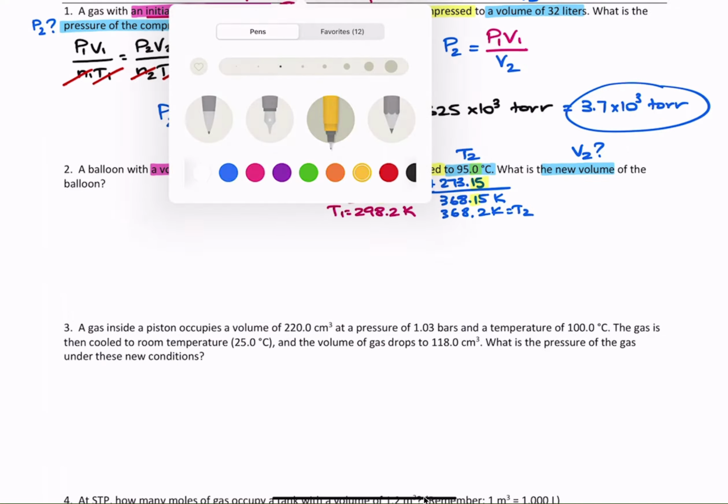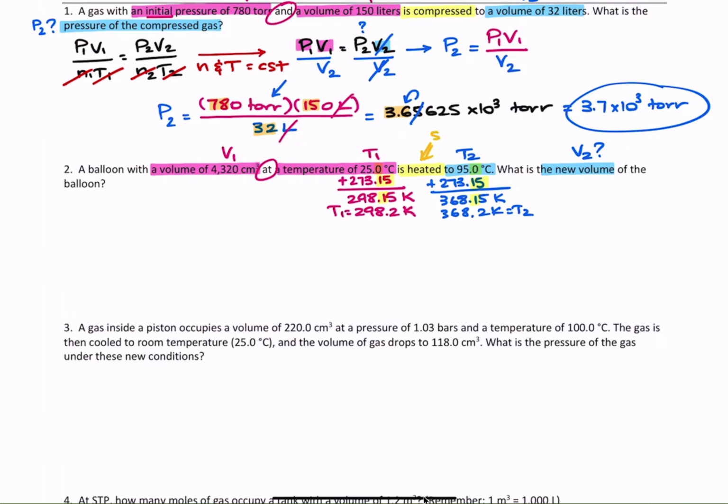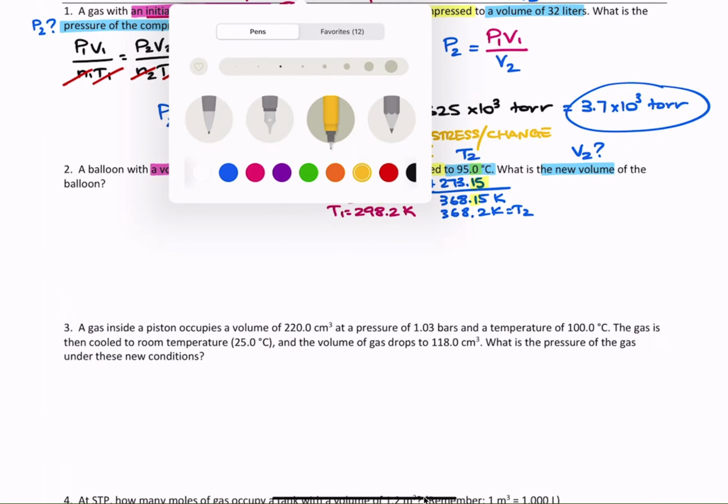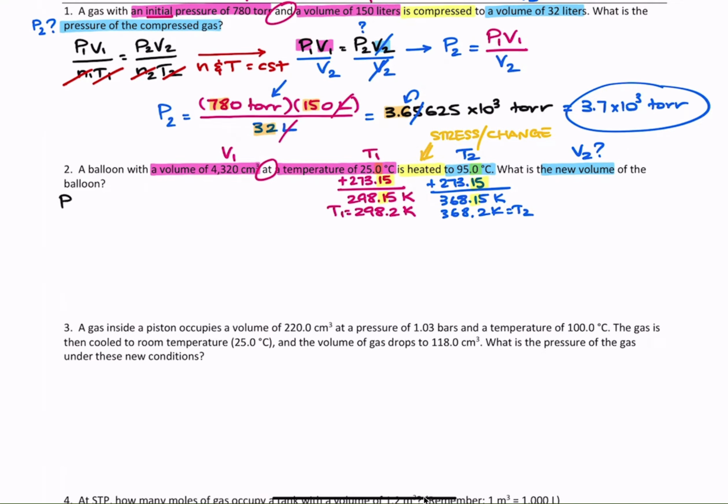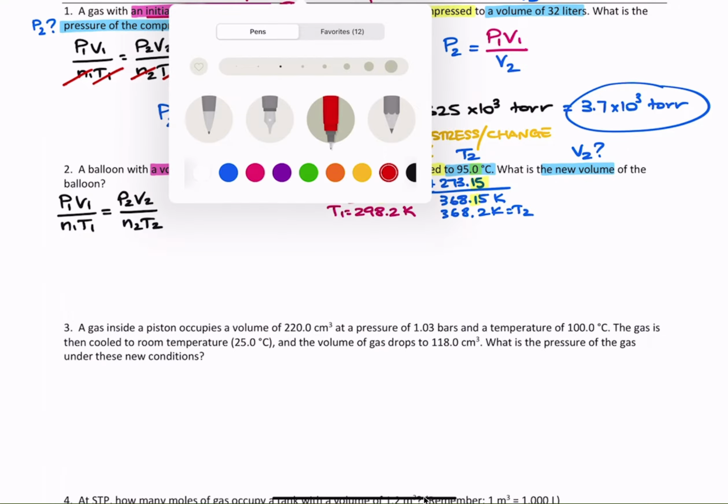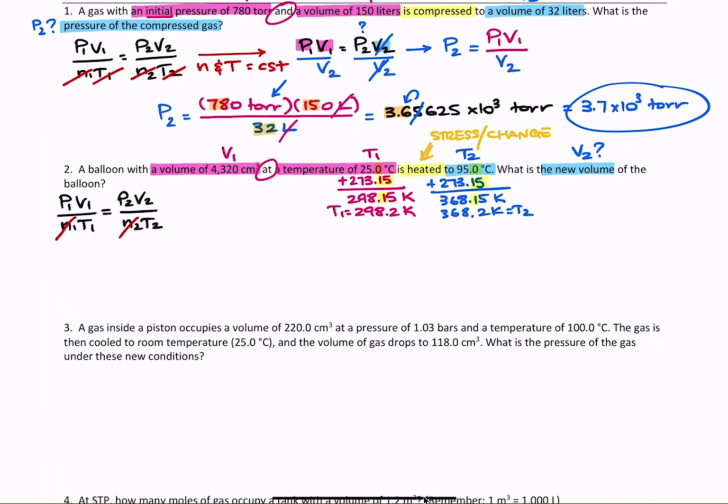Again, here is our stress, our change. Therefore, we're going to be using the general equation, P1 V1 over N1 T1 equals P2 V2 over N2 T2. Let's check. No information on the number of moles and no information on the pressure.